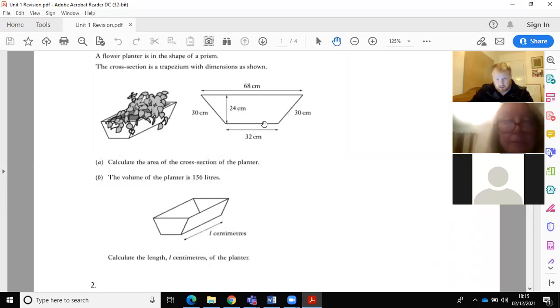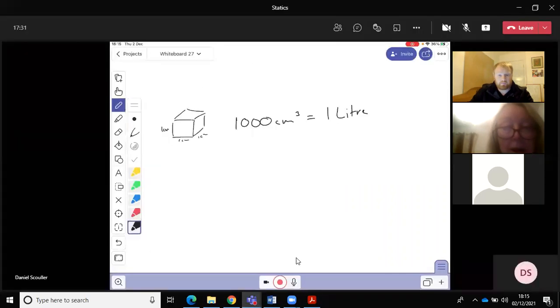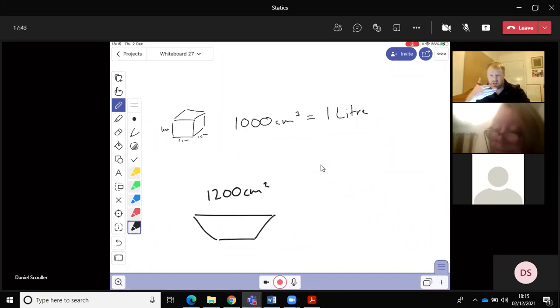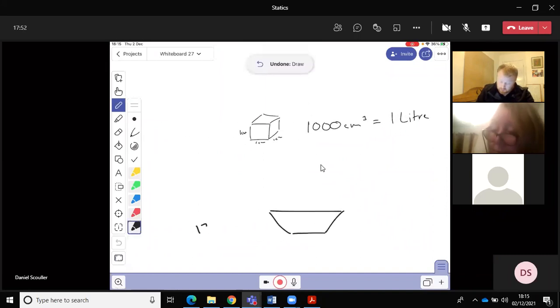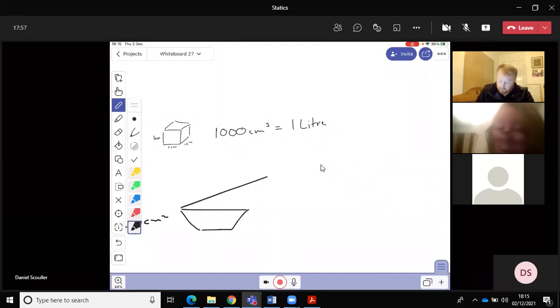So we've got that area of that trapezium, 1,200 centimetres squared, because it's a 2D shape. Remember if it's a flat shape, it's a 2D shape, it's squared. And we're looking for that volume.